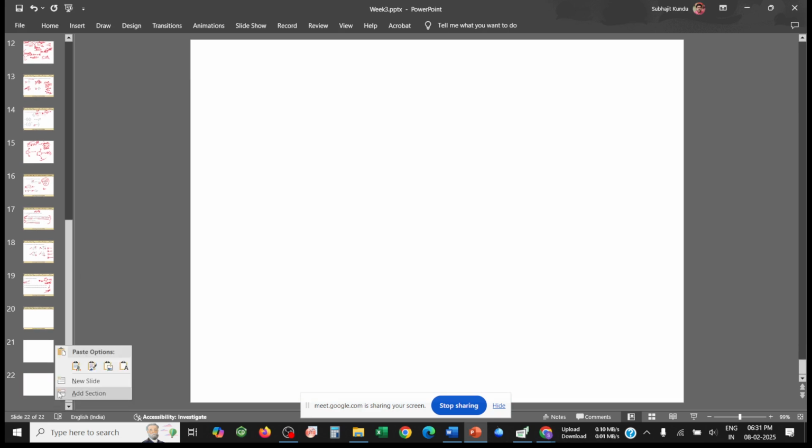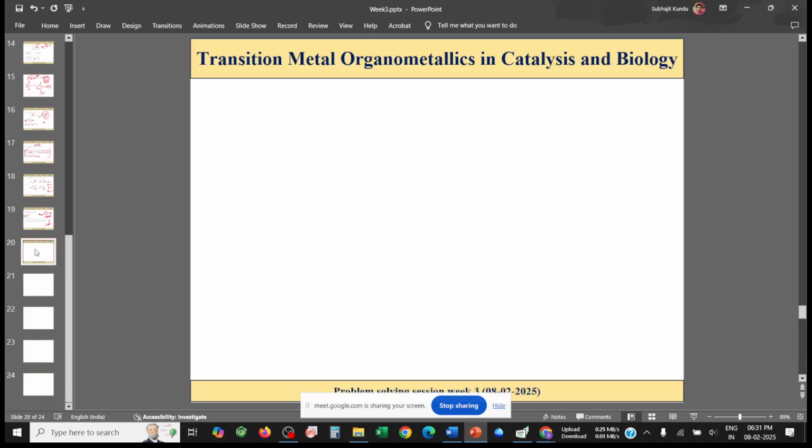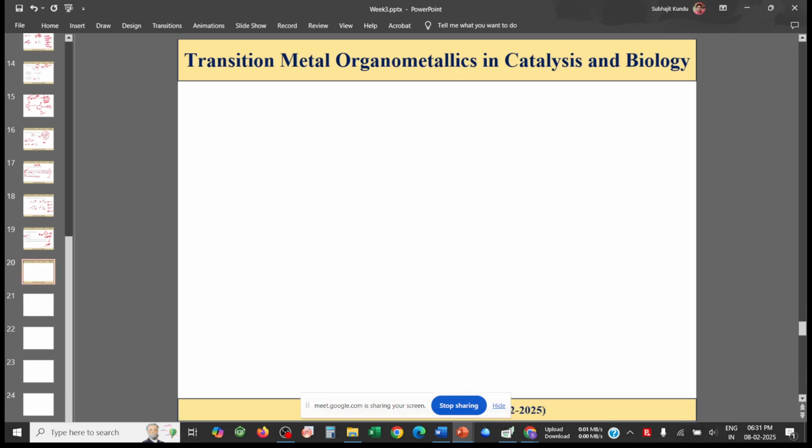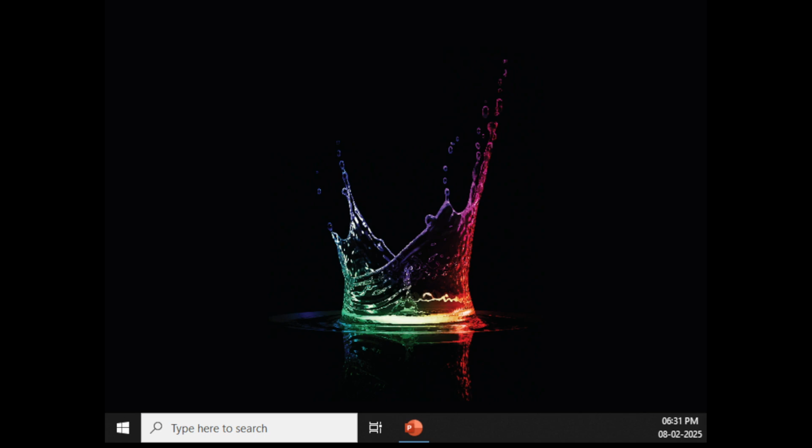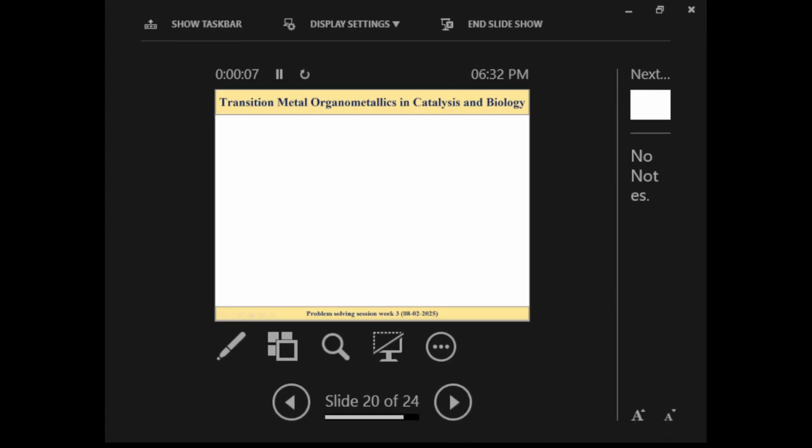These are very simple, and they depend only on how the reaction is happening. The first one is the self metathesis reaction.